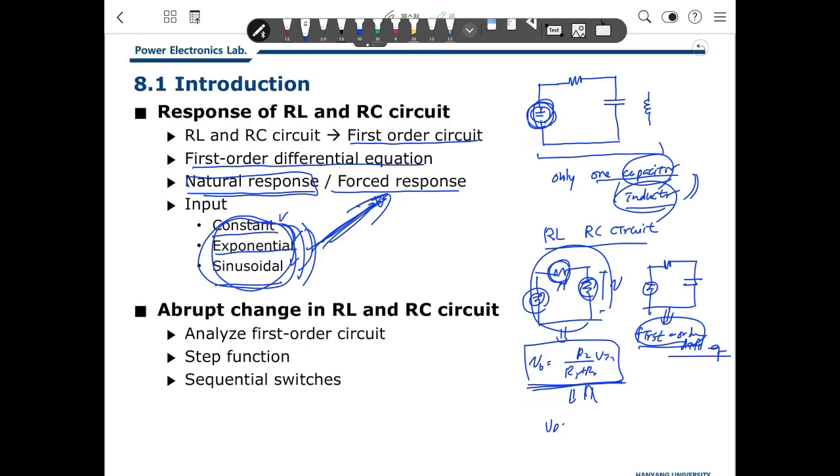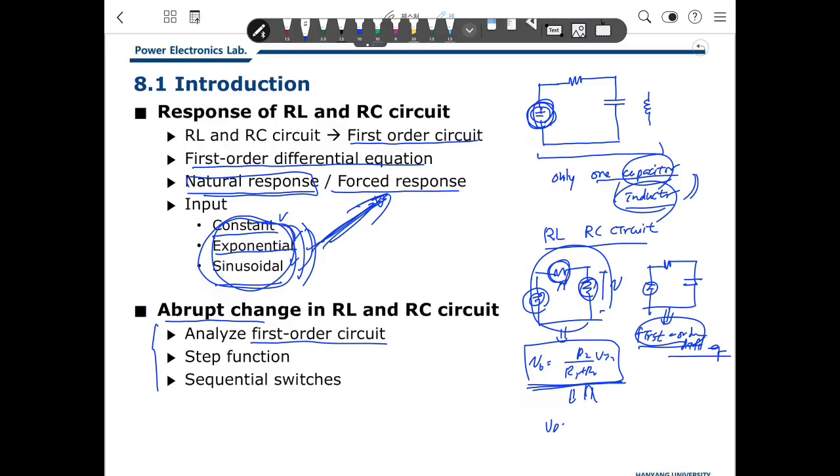And we will discuss the abrupt change in RL or RC circuits. We will analyze the first order circuit with the step function or sequential switches, and use analysis based on KCL and KVL. But the different thing is that the circuit has a capacitor or inductor.